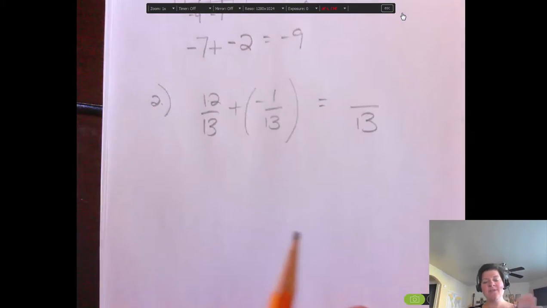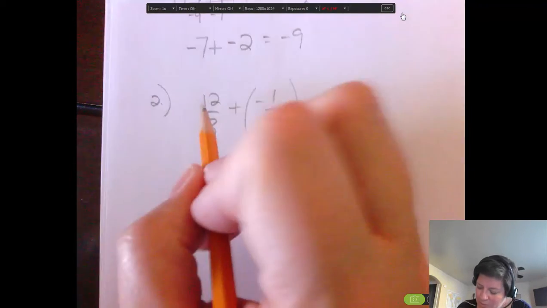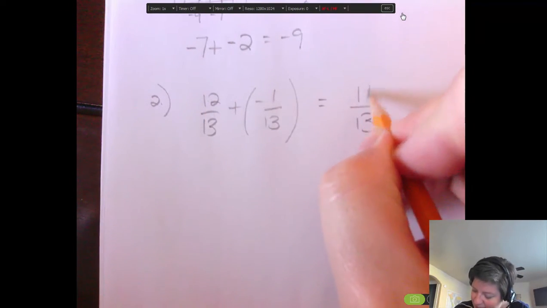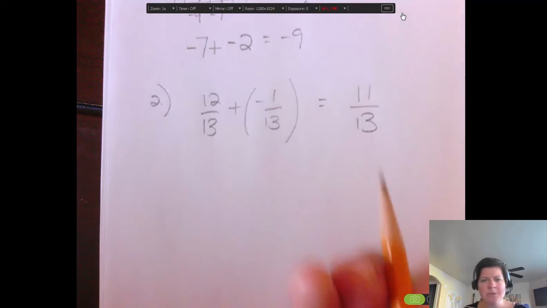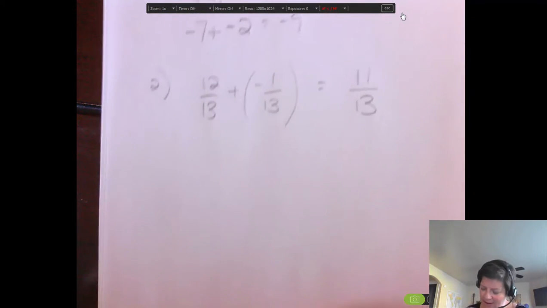Well, one's negative, one's positive, so that means we have to subtract them. That would give me 11, the numbers, and then keep the sign of the largest one. The largest one is positive, so we're going to get positive 11/13. And we can look at that and see if we can reduce, but we can't, so we're done there.